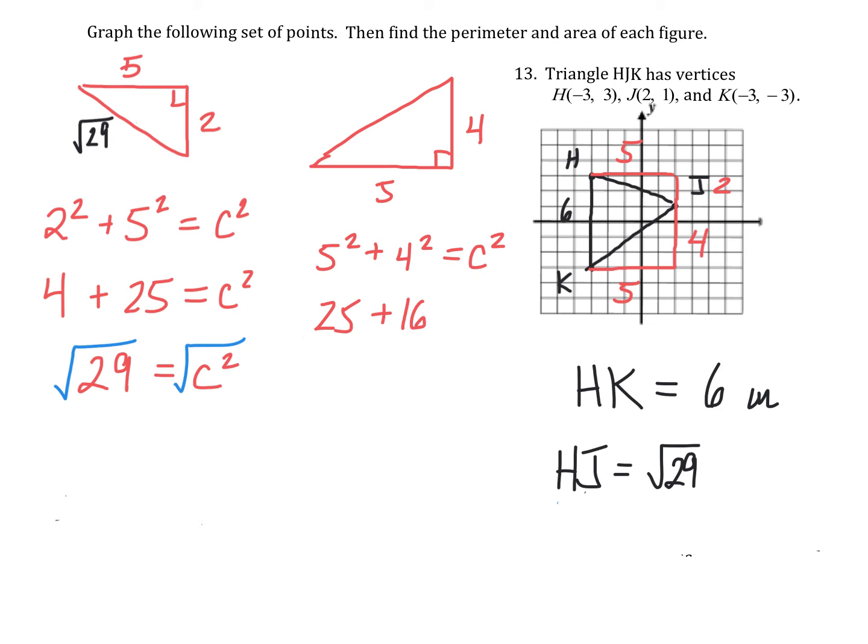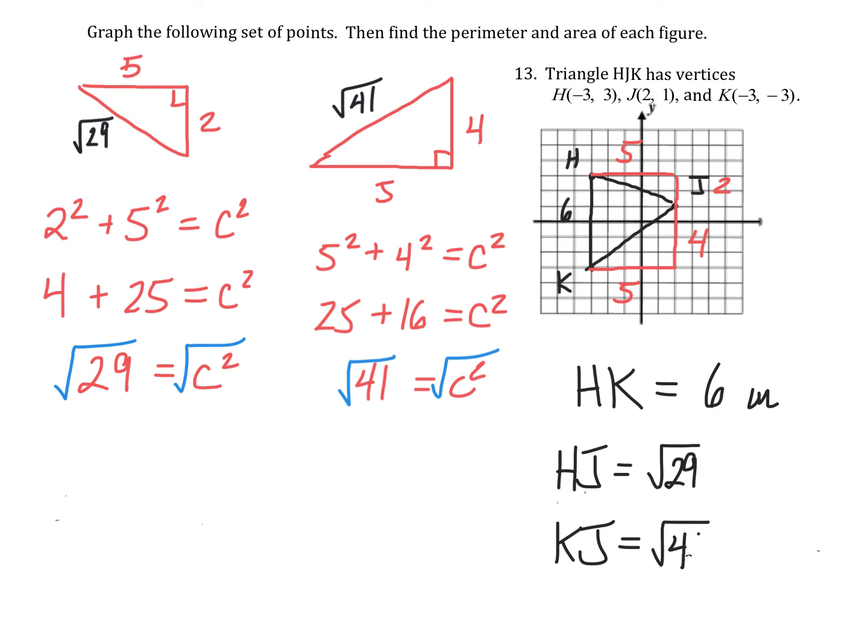Once again, it doesn't look like we're going to have one of our triples here, because I end up with 41 equals c squared. In that case, it's not a perfect square, and I cannot simplify it. So for KJ, we end up with square root 41.